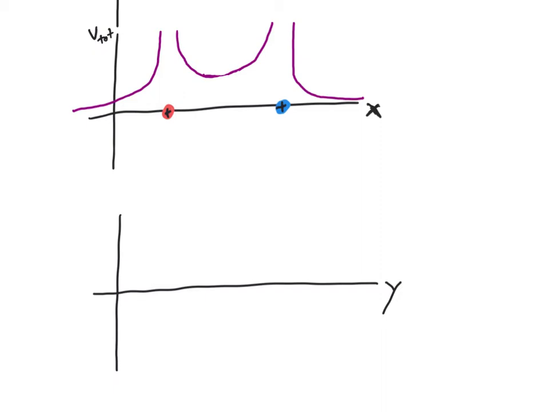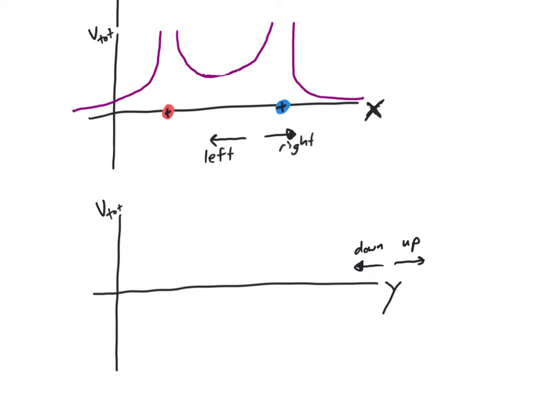Okay. For the x graph up above, this direction would be to the right. This direction would be to the left. But in my voltage total versus y, that direction is down and this direction is up.